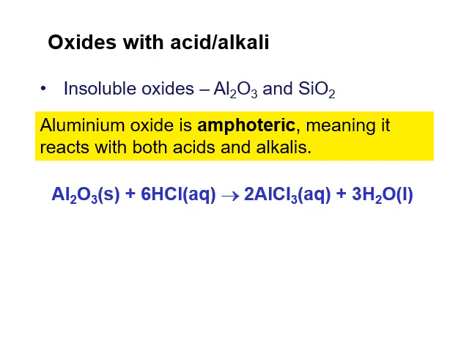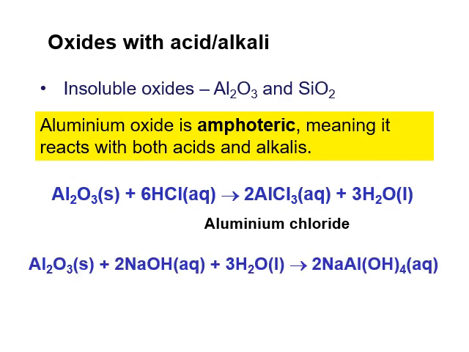So this is the first one. This is aluminium oxide reacting with hydrochloric acid. So hopefully you'll realise that that means the aluminium oxide is a base in this example. And that will make aluminium chloride because that's a simple acid-base giving salt and water reaction. We also have aluminium oxide reacting with sodium hydroxide, and that is making sodium aluminate.